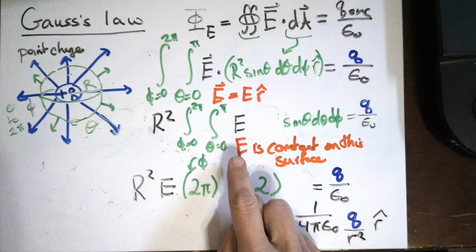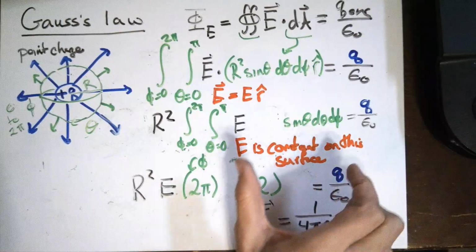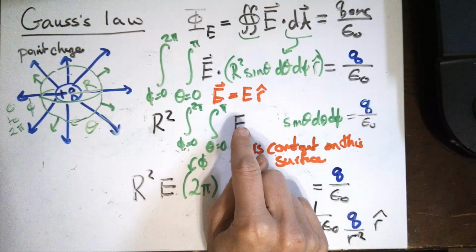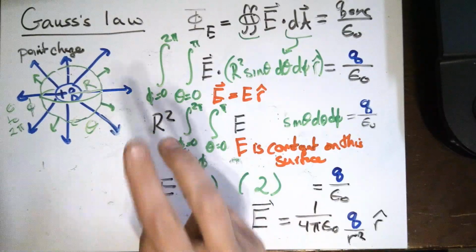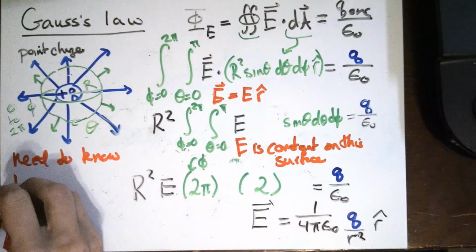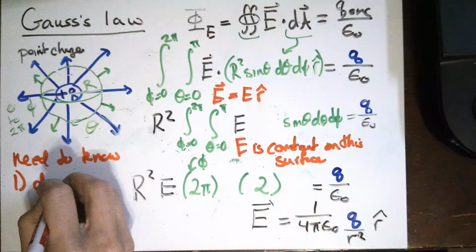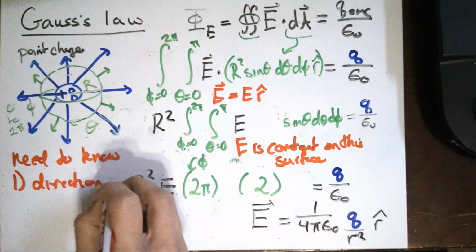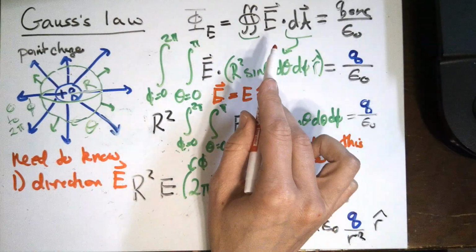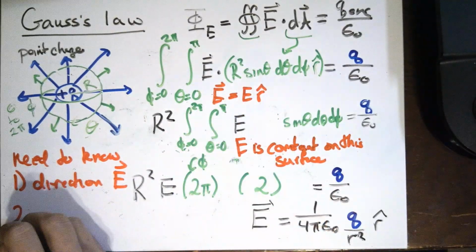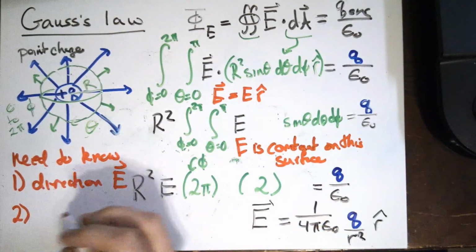So we needed to know what E was a function of. And we needed that so that we could pull this electric field out of the integral. So the two things we need to know are, one, the direction of the electric field you're trying to find. You need to know that so you can do the dot product. The second thing is what E is a function of.